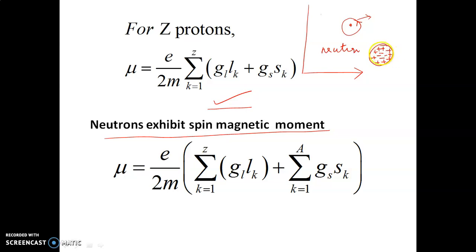But when the magnetic moment is measured, it shows a negative magnetic moment, which is opposite to the magnetic moment of protons.